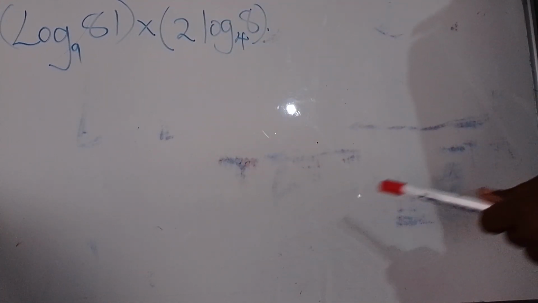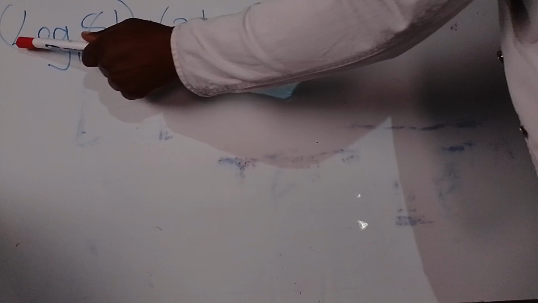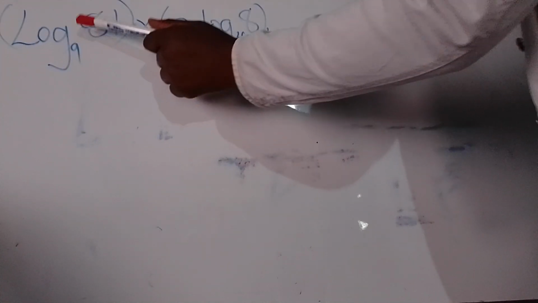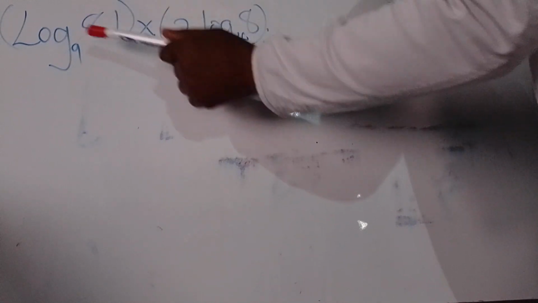The logarithm is just a word which is the same as the power. If you are asked to evaluate this part, you are to find the number which, if we raise 9 to that number, we get 81. That's what this statement means.